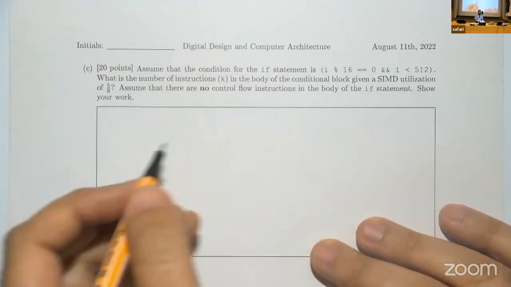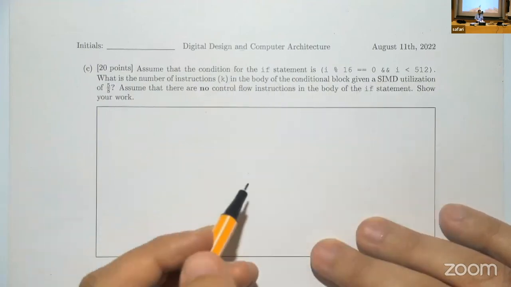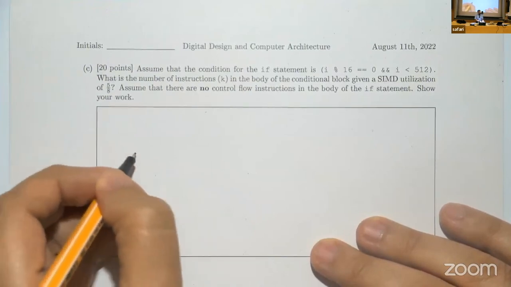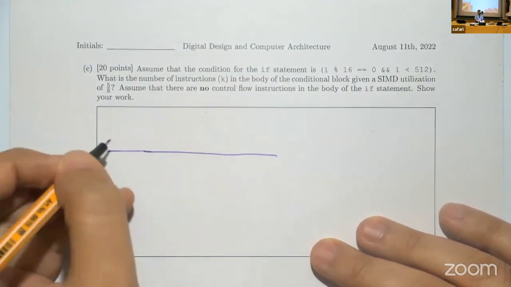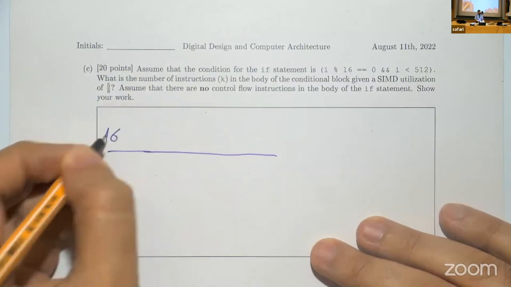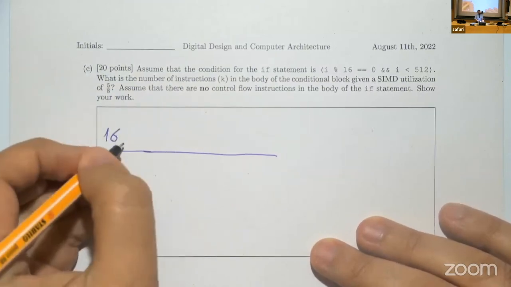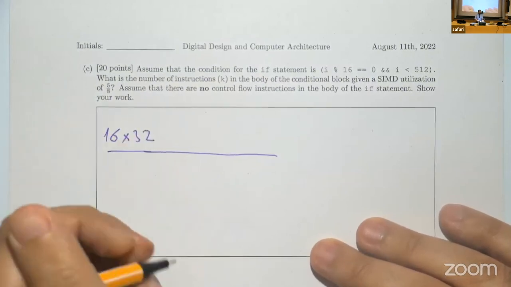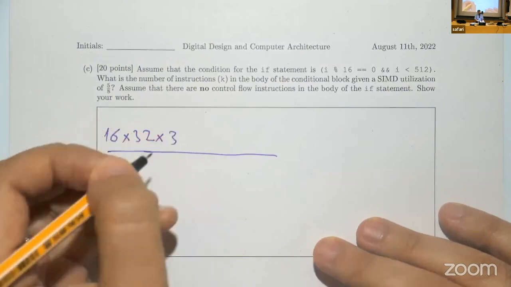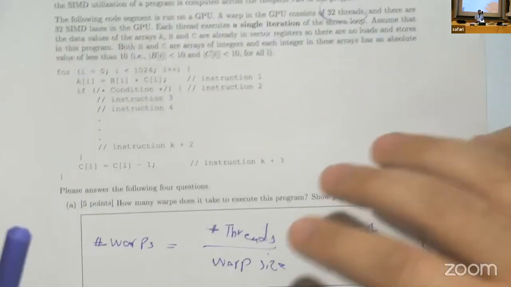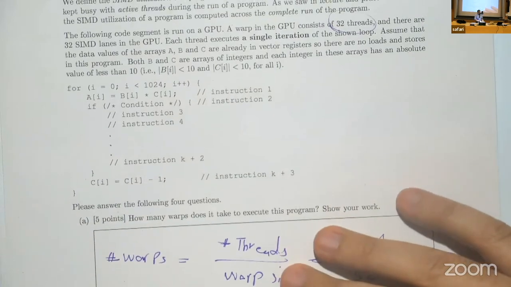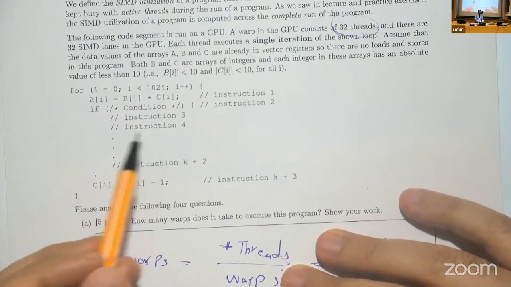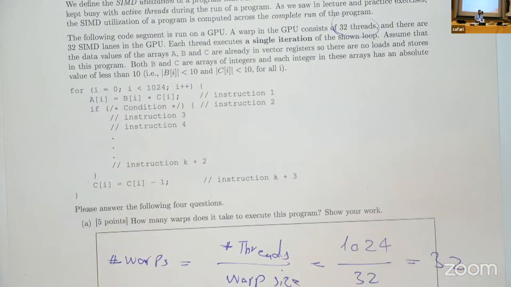So when you want to write the equation for this new case, you need to consider different warps. There are 16 warps in the end, all of them have 32 threads, and all threads run all 3 instructions. I mean only 3 instructions, because they don't take the branch, so they skip the last instruction.